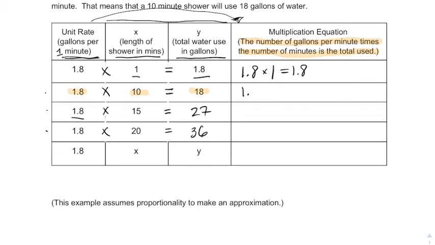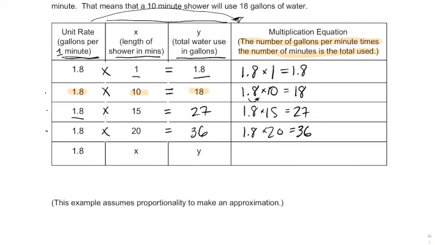That equation was valid, but it's a different structure than the one I have on the left. 1 8/10 times 10, I'm just moving that decimal point over. So I have 18. 1 8/10 times 15 is equal to 27. 1 8/10 times 20 is 36.